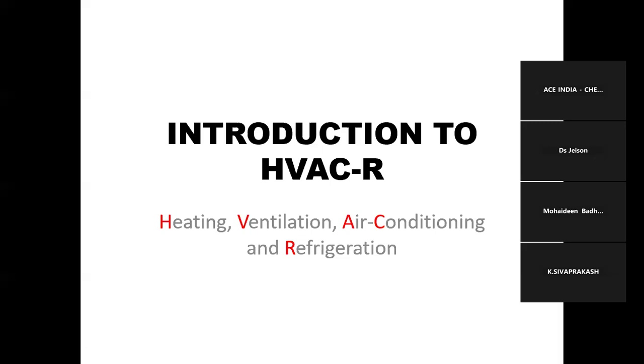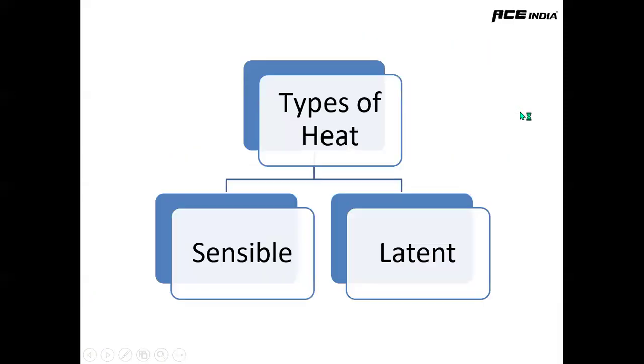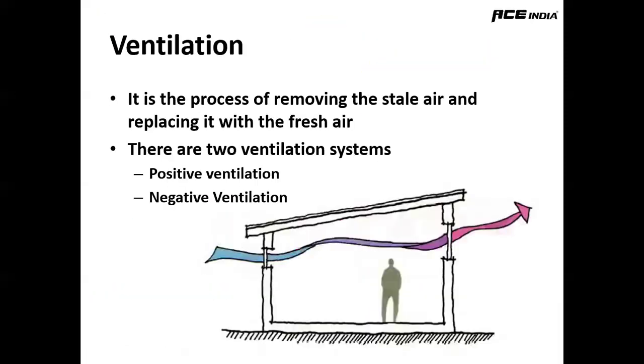Is it clear? Basically ventilation is the process of removing the stale air. Stale air is nothing but air which contains pollutants and foul smells. So this kind of air is termed stale air.